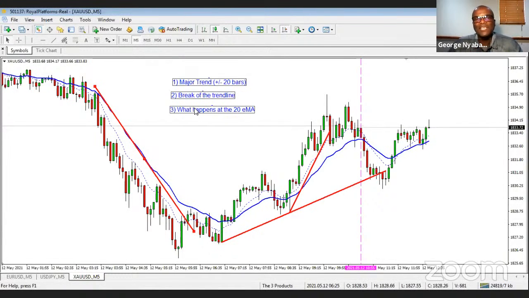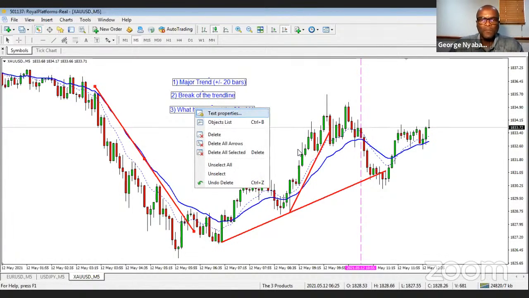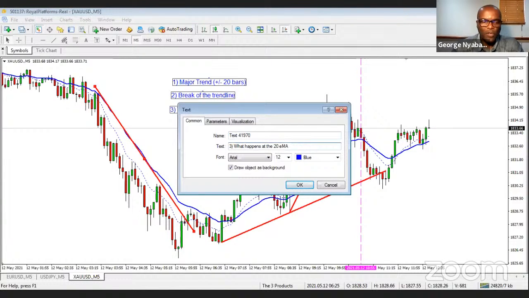So what happens at the EMA? What we're looking for, look for break, close above. In this case, if we're looking the other way, to be close below.